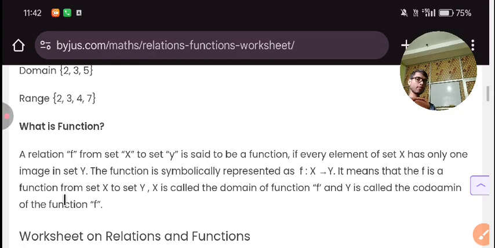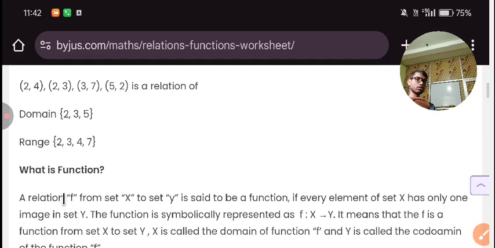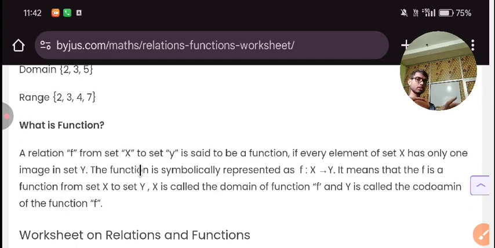What is a function? A relation f from set X to set Y is said to be a function if every element of set X has only one image in set Y. Only one image, not again. The same element should not come again.